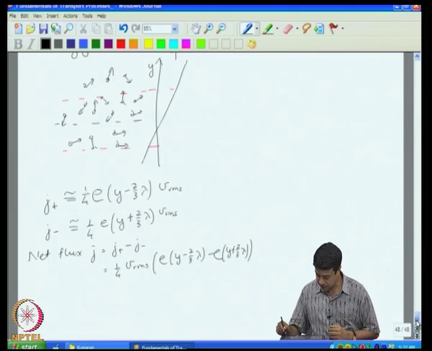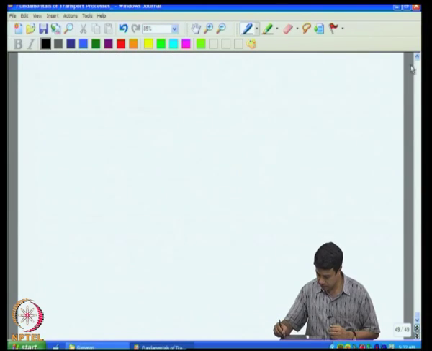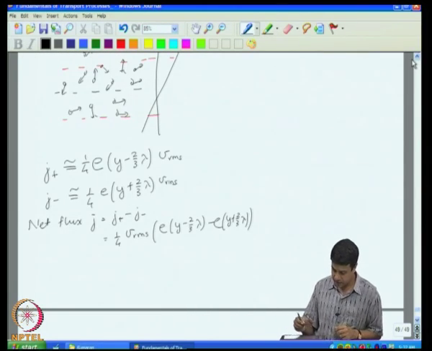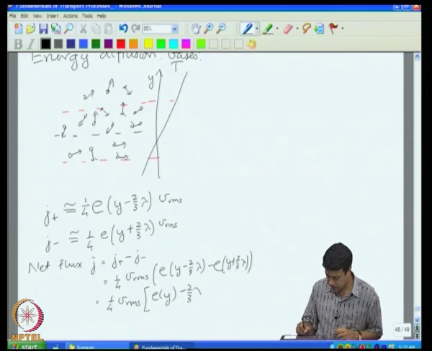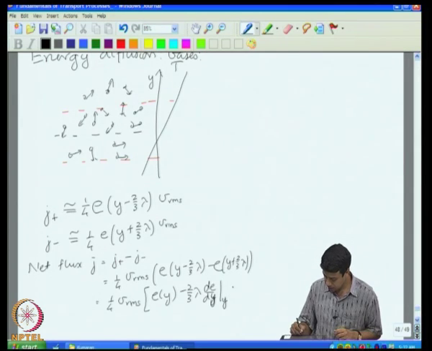And I use a Taylor series expansion once again for this. So this is equal to 1 by 4 Vrms into E at y minus 2 by 3 lambda dE by dy, at the location y, minus E at the location y minus 2 by 3 dE by dy at the location y times lambda.